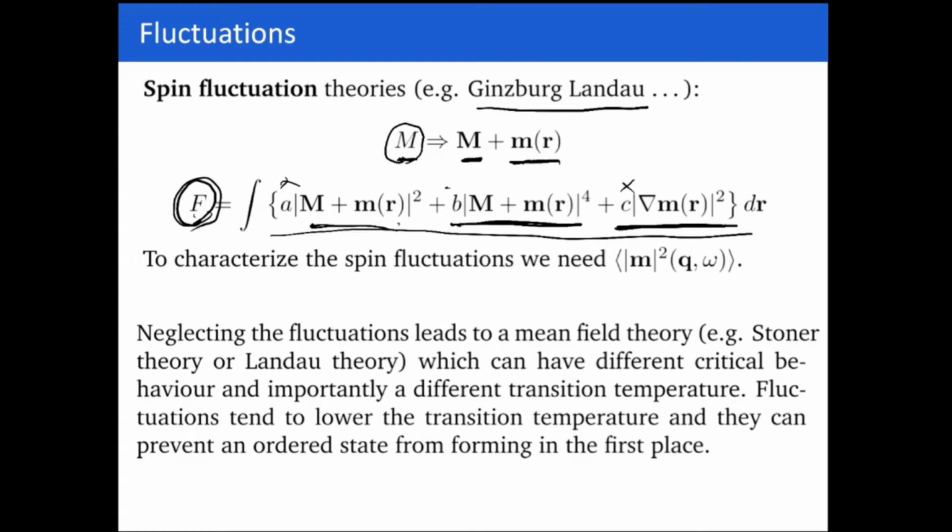So when we go to Ginzburg-Landau theory, for example, if this C is positive, this last term will tend to suppress variations of the moment in space. So if m of r is varying like this, then obviously if there's a gradient in a given region, that's going to cost energy.